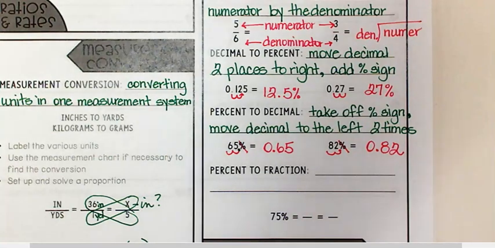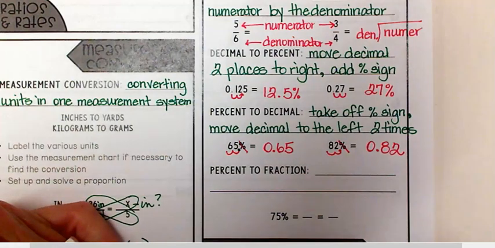And then last, percent to a fraction. Put the percent over 100 and reduce it to simplest form.